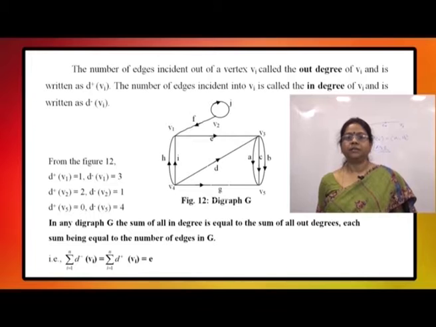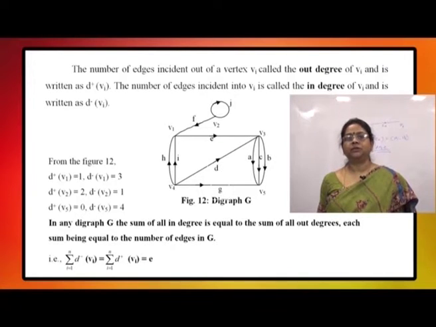For example, in figure 12, D plus V1, that is the edges going out of V1, is only one, that is the edge E, and the number of edges coming into V1 is 3 here, which are F, I and H.